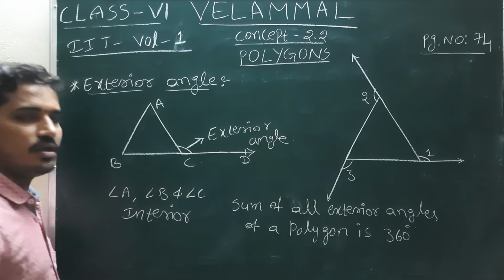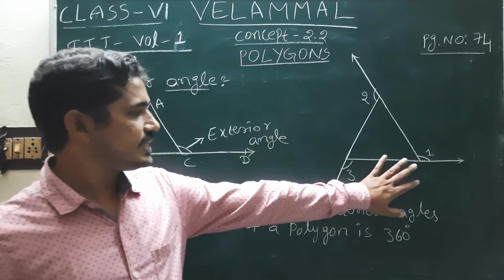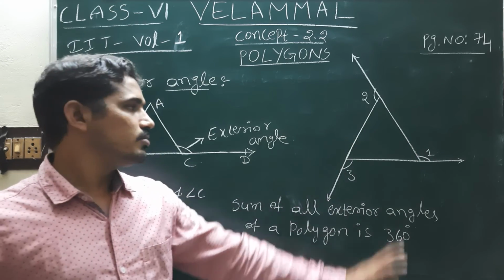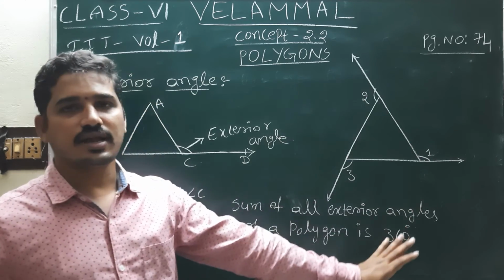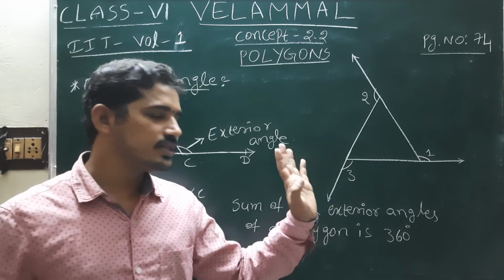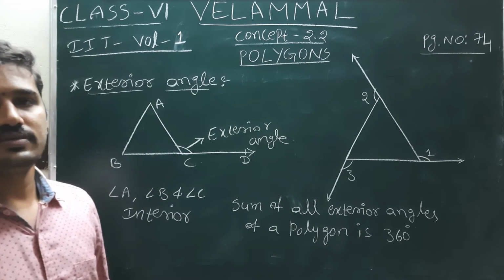Whatever the number of sides of the polygon you take, if we add all the exterior angles of any polygon, you will get 360 degrees as the answer.